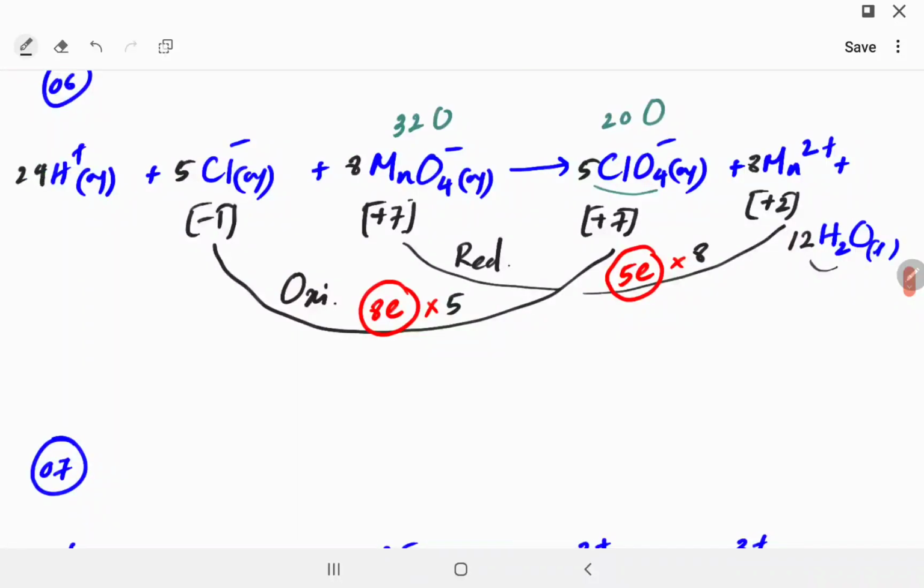This is a very complex reaction, so you might want to calculate the overall charge and see if it is balanced. On the reactant side you have plus 24 from the hydrogens, and then minus 8 plus 5 minus 13. So overall you have plus 11 charge. On the product side you have 8 times 2, which is plus 16, and then you also have a minus 5 from the chlorates.